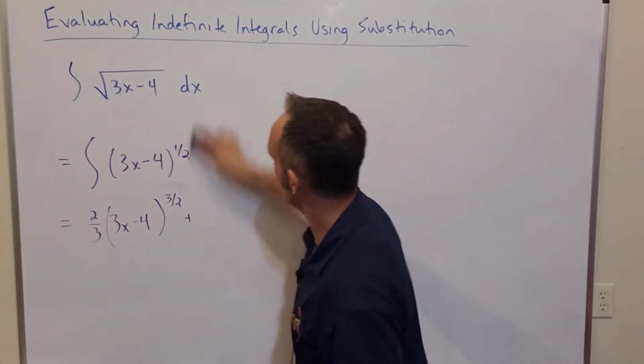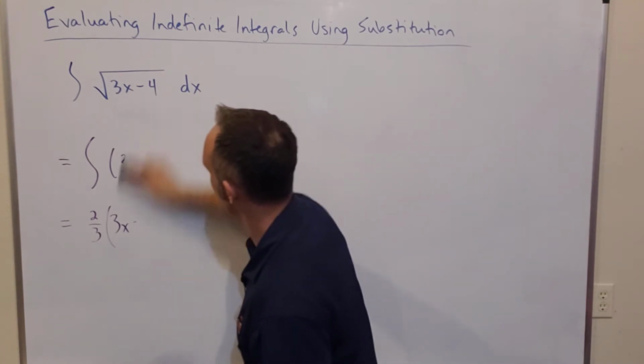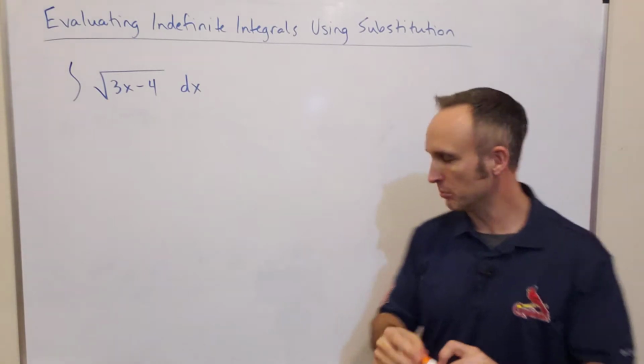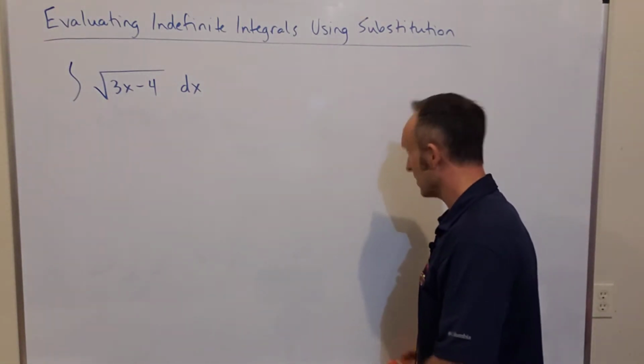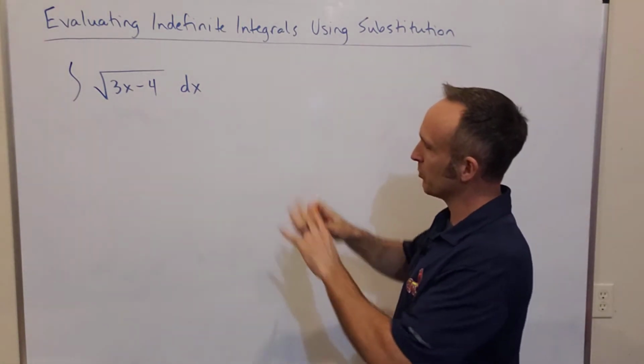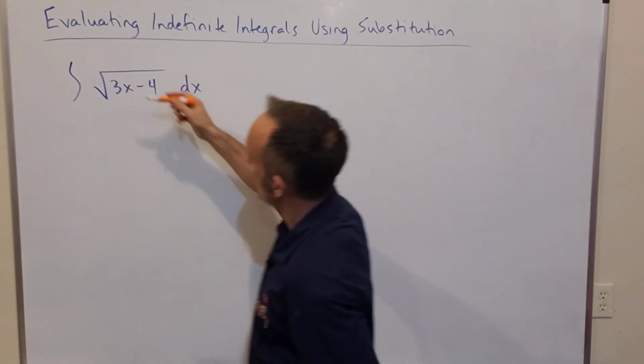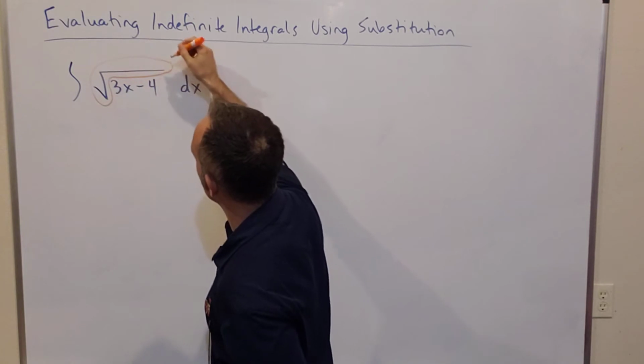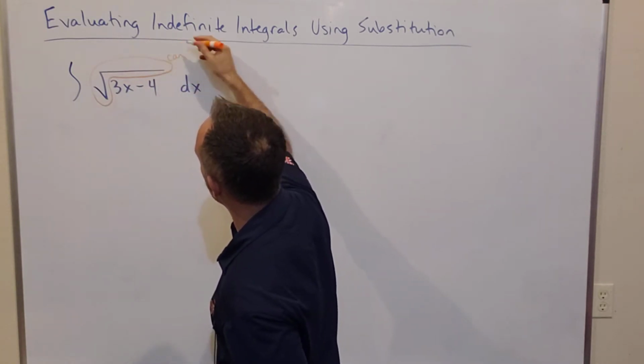So we introduce a technique called substitution to help us out, to make this integral look like something that we're comfortable with. So here's how it goes. We're going to break this into parts, and we know how to integrate a square root.